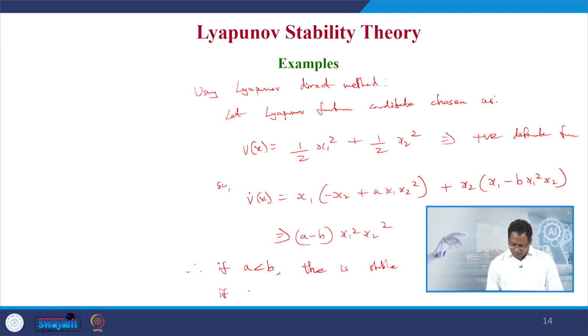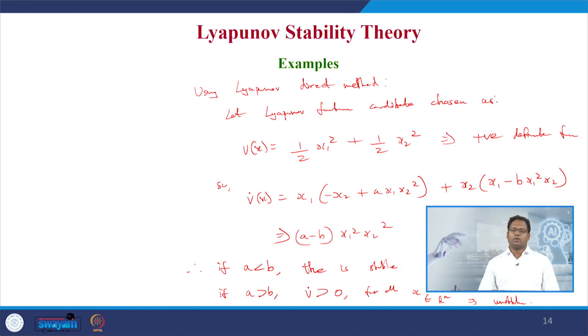If a greater than b, v dot becomes greater than 0 for all x that belongs to the n dimensional Euclidean space. So, the system is unstable for a greater than b and stable for a less than b.